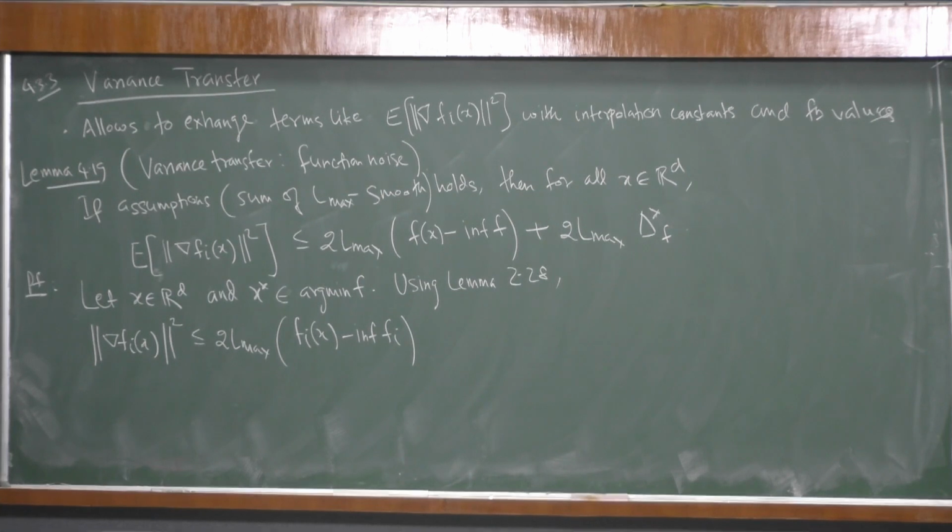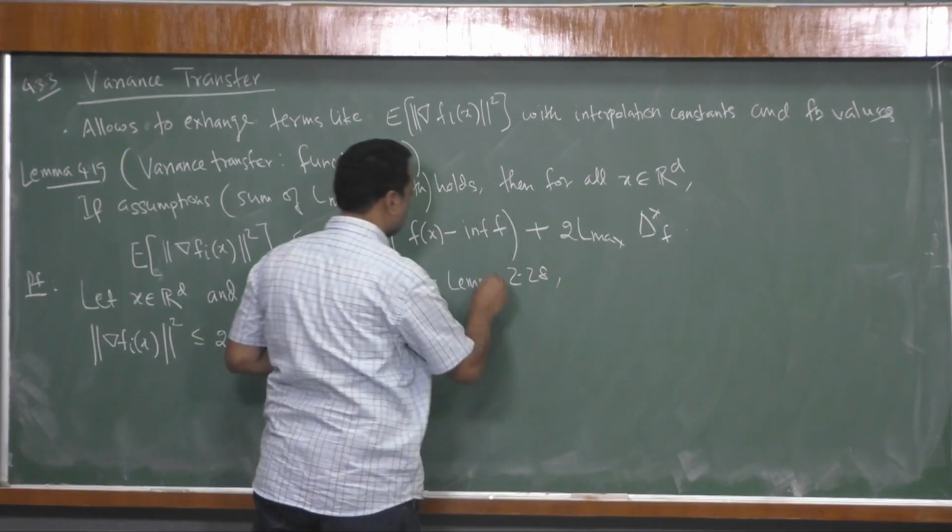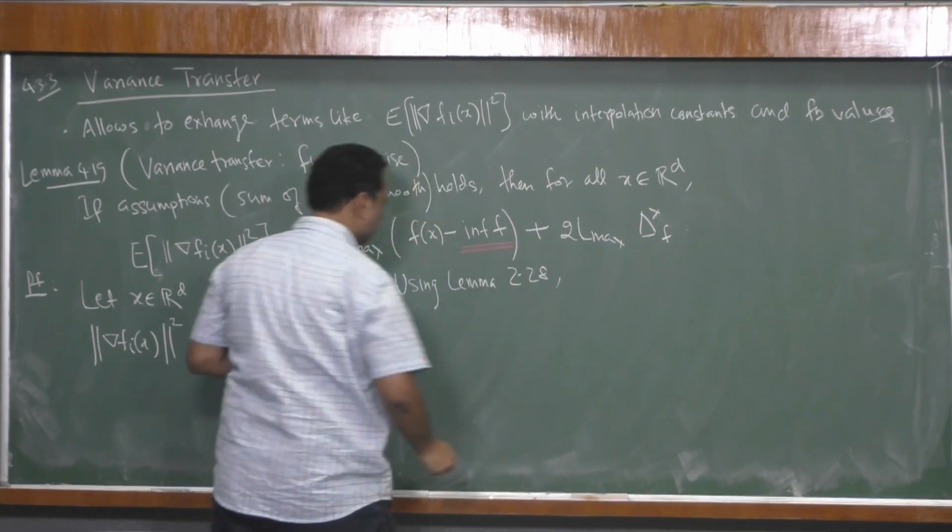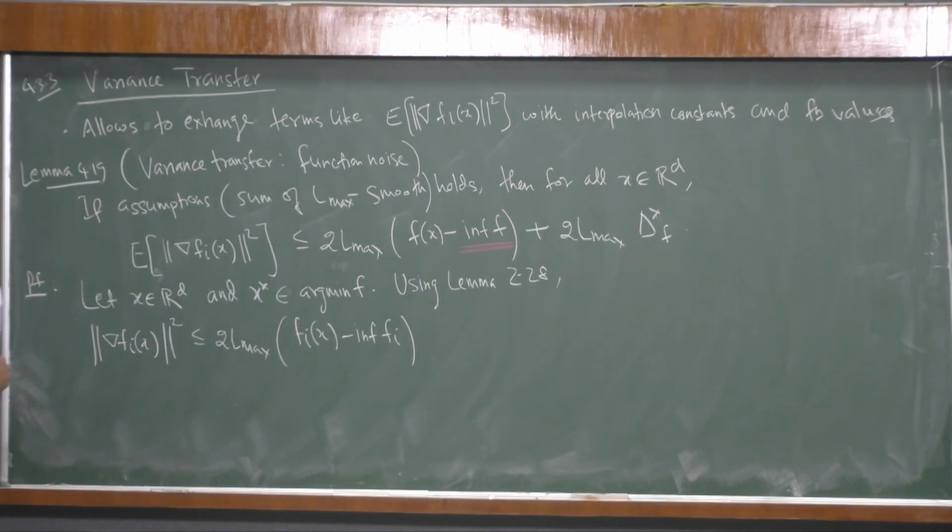Then f_i(x star) is not there, but it is needed in the proof, right? So sometimes, as I said, the trick is to bring in the term that does not show up somehow.